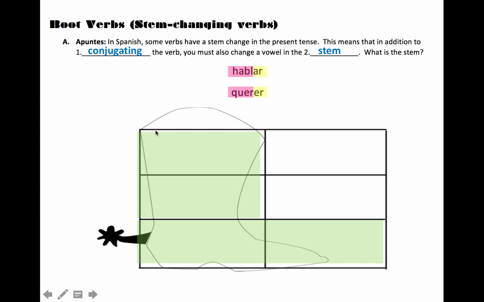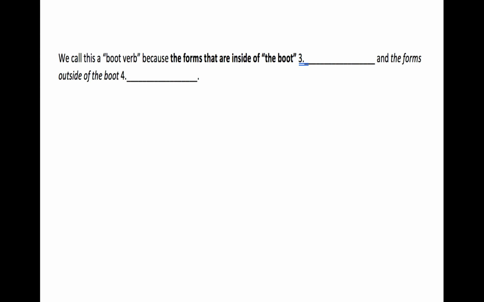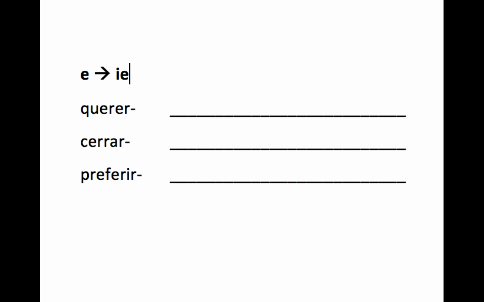So it's kind of an easy way to remember it. Boot verb: you stem change inside of the boot, you don't stem change outside of the boot. We call this a boot verb because the forms that are inside of the boot stem change, and the forms outside of the boot do not. Pretty straightforward. There are a ton of boot verbs in Spanish, but we're just going to start out by focusing on these three, and all three of these are going to be E to IE boot verbs, meaning that the E in the stem is going to change to IE.